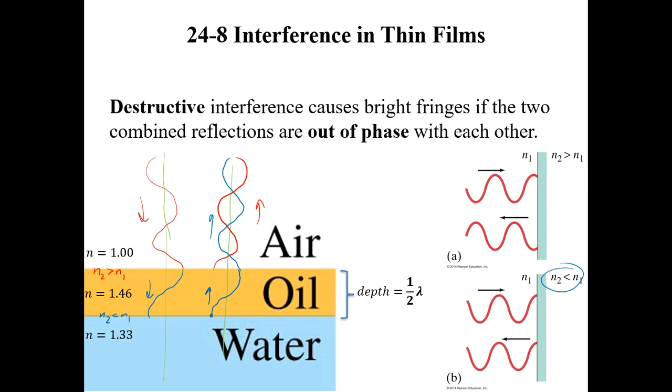But in this case, notice that the two reflective rays are out of phase with each other. The red line has one phase, so when one is at a maximum, the other's at a negative maximum. And in this case, you would get destructive interference. So point being, whether you get constructive or destructive interference totally depends on the depth of this thin film.